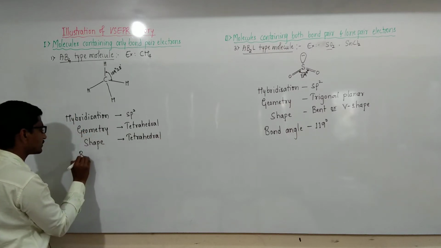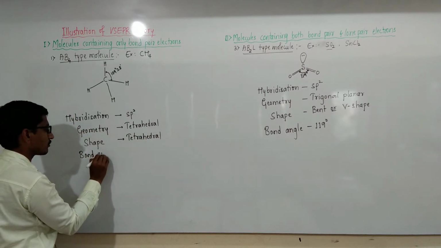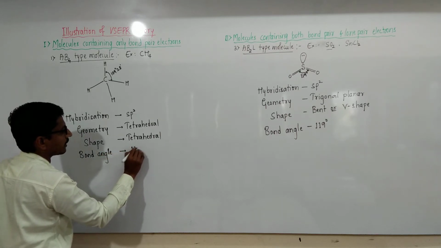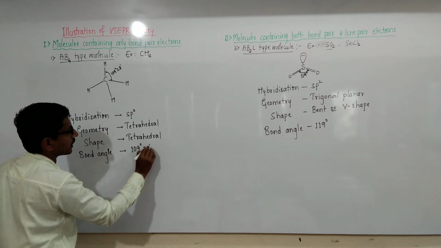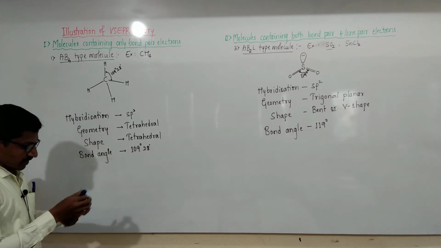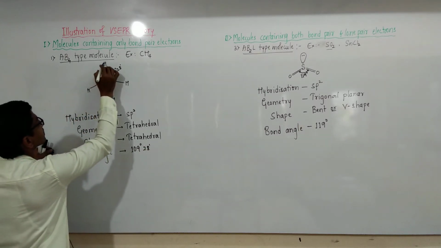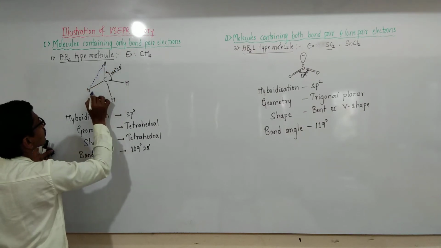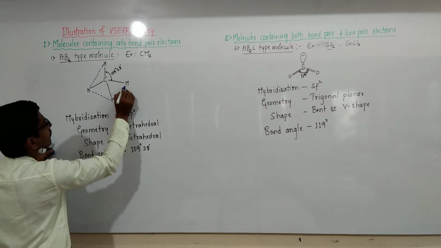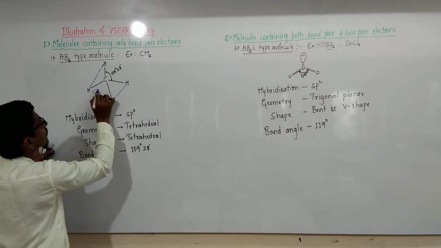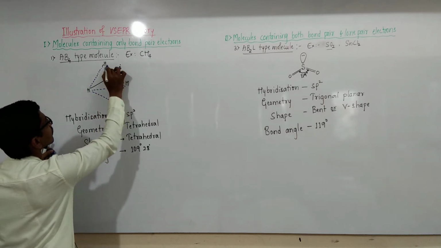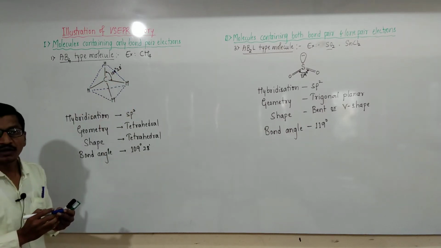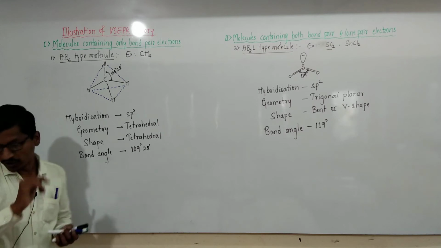Bond angle is 109 degree 28 minutes, and the tetrahedral shape is like this. This is the tetrahedral shape of methane molecule.